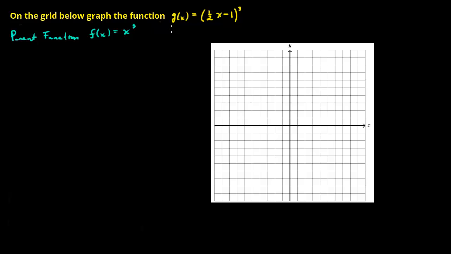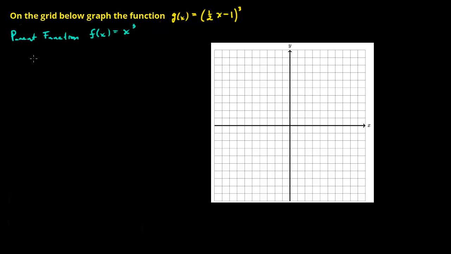And this is the parent function because I can write g of x in terms of this parent function. I can rewrite g of x in terms of f of x using the transformations that we've already learned. So how do I write g of x in terms of f of x?